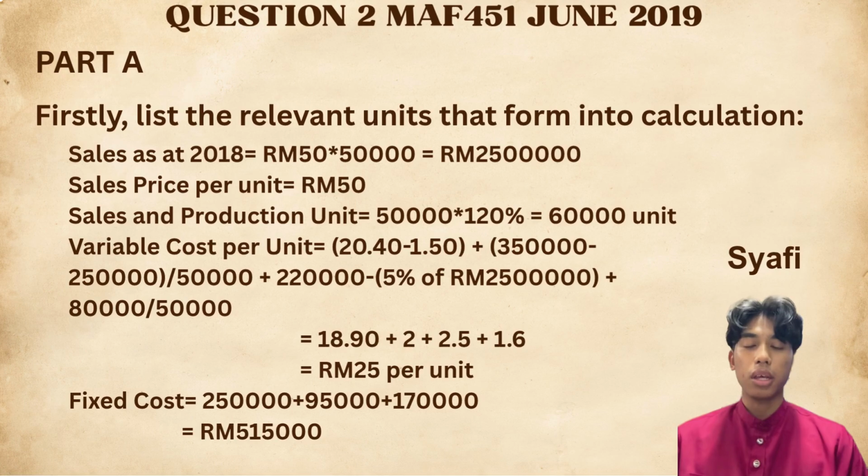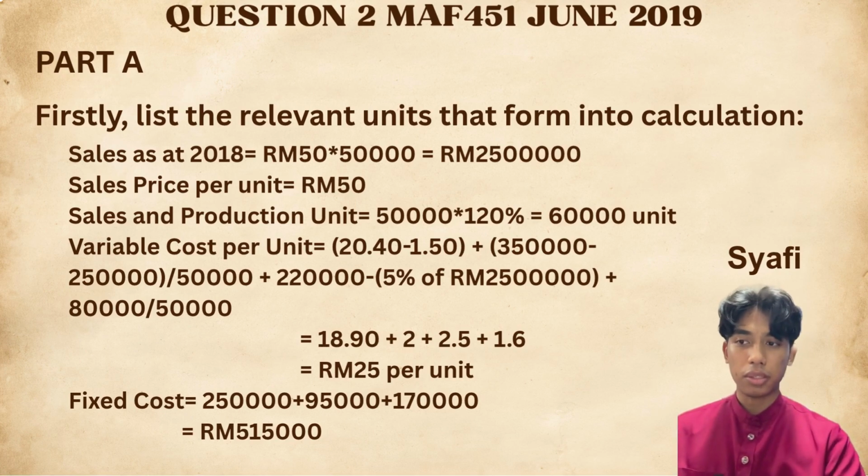2,500,000 ringgit. In 2019, sales and production units are expected to increase by 20%. So we need to multiply the 50,000 production by 120%. So we will get the total production of 60,000 units.